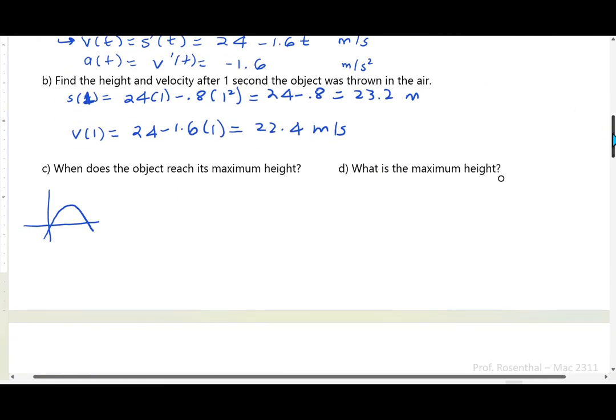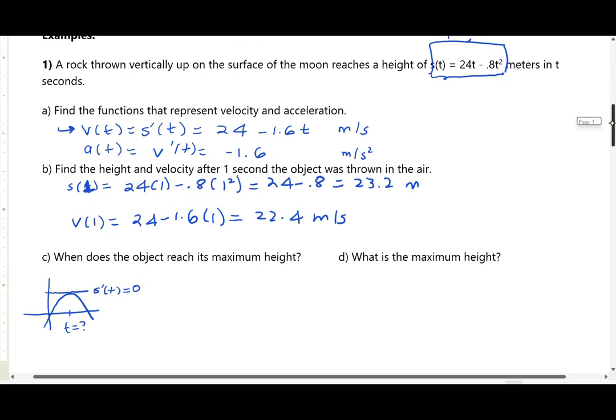So to see when it reaches maximum height, we need to set the derivative of the distance function equal to 0. That way we're going to figure out when that maximum height is reached. So s prime of t is the same as velocity, so set the velocity equation equal to 0.